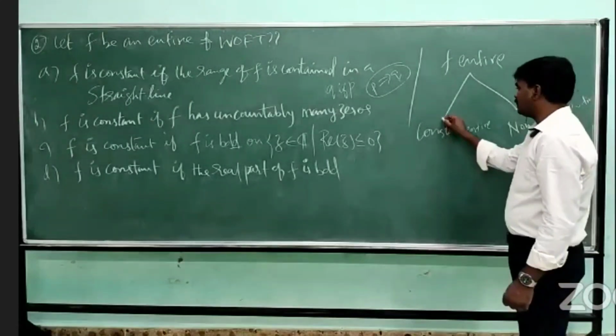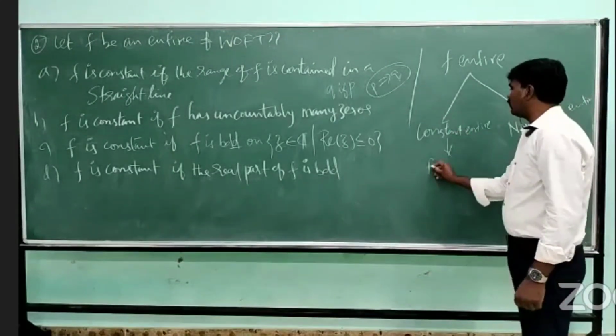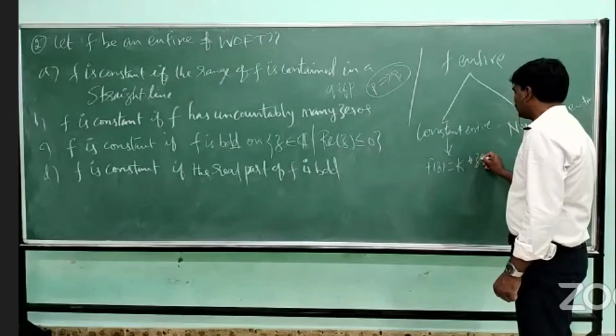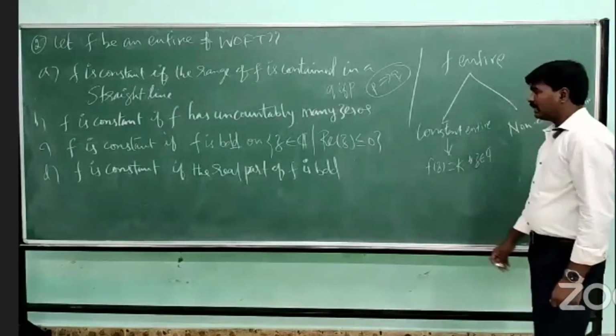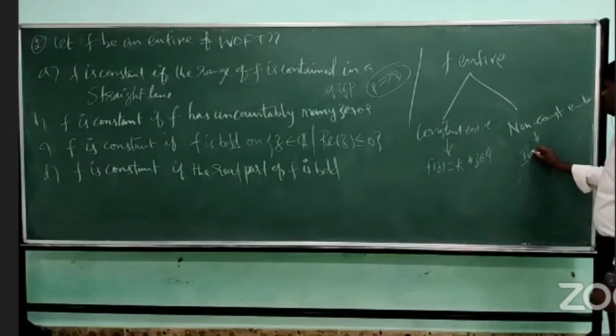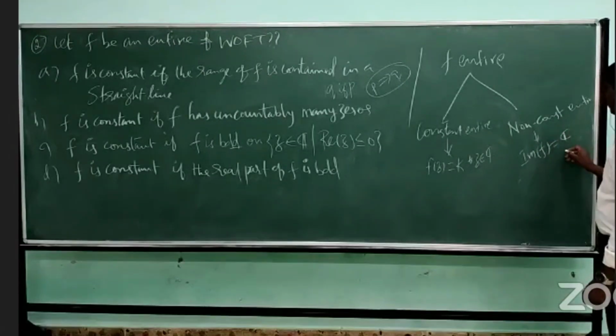Constant entire means the output is only f(z) equal to some k for all z in C. Non-constant entire means, by Picard's theorem, the image of f could be C, or the image of f could be C minus one point z naught.